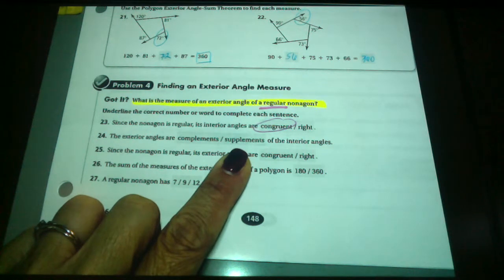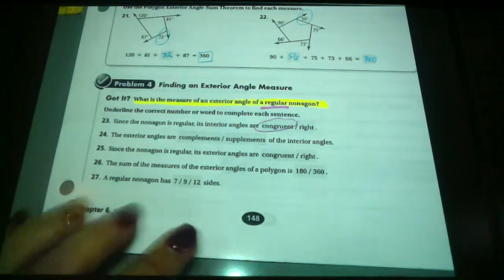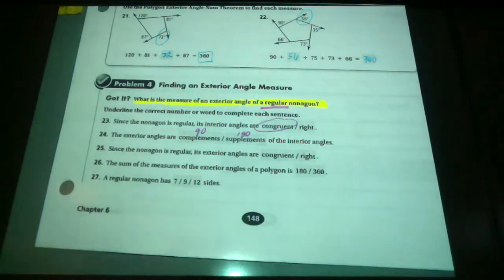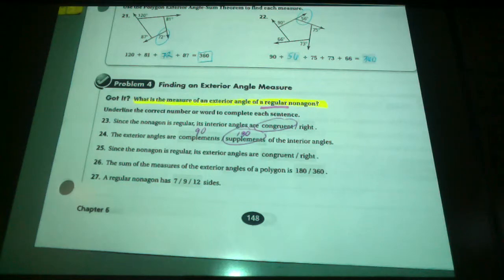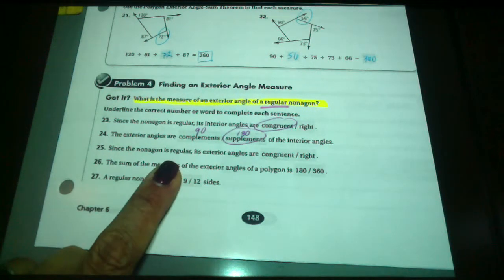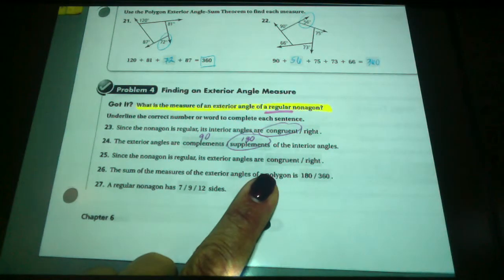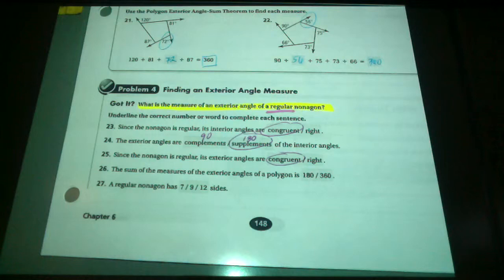They go alphabetically and numerically in order. 90 comes before 180, and complementary comes before supplementary, so 90 lines up with complement, and 180 lines up with supplement. So which is it? They are supplementary. Since the nonagon is regular, its exterior angles are congruent or right? They are also congruent. It's regular.